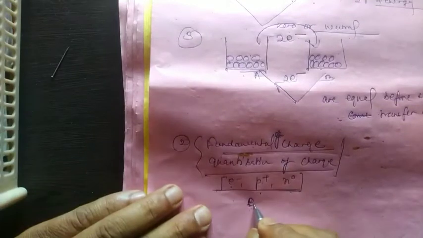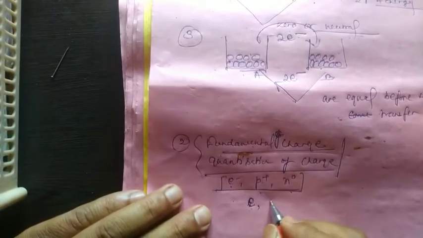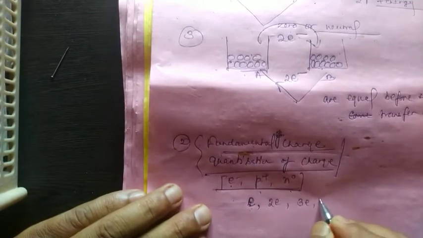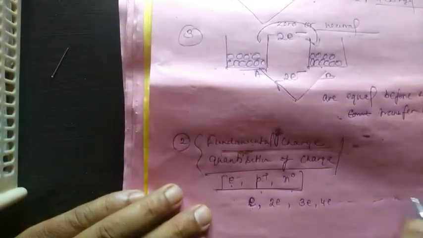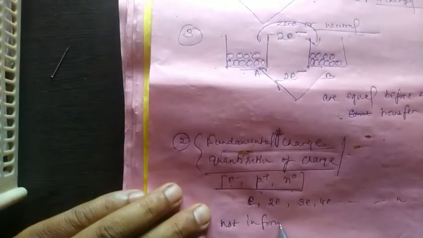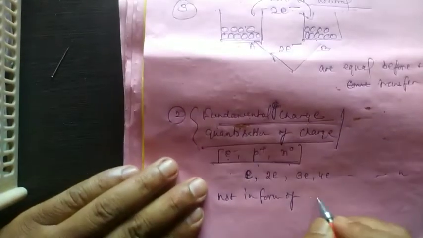Suppose we have charges e, 2e, 3e, and 4e, in multiple form. It is not in partial form.